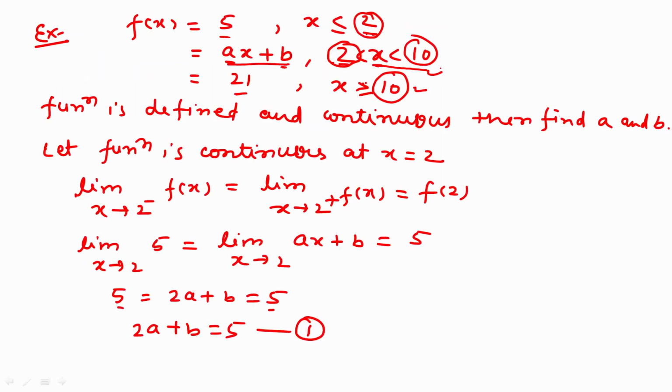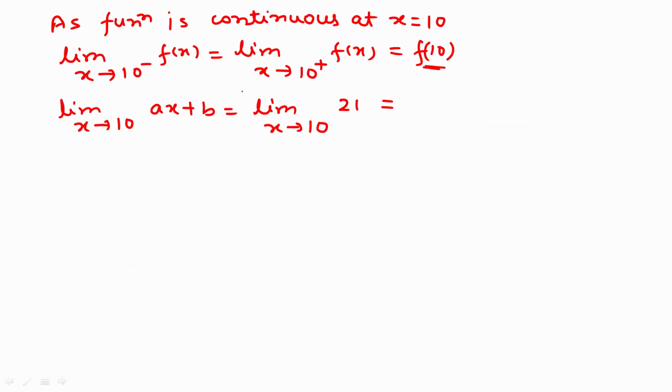So you can see that here x is greater than or equal to 10. So again we will take 21 here. On taking limit, 10a plus b is equal to 21. This is equation number second.